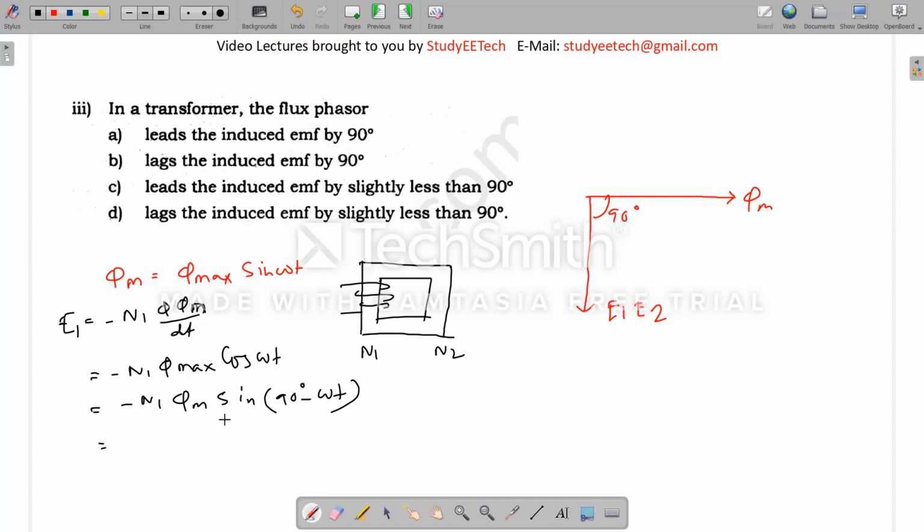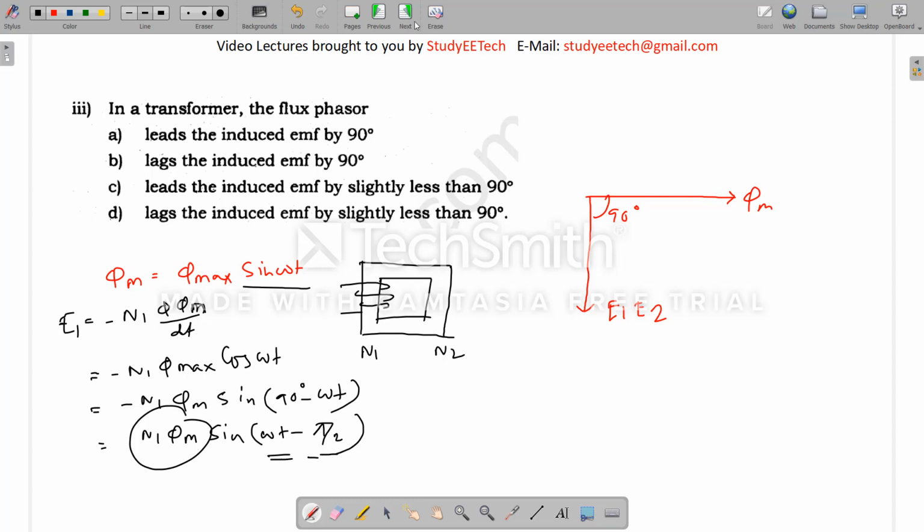If I take the minus inside, I get N1 phi m sine of omega t minus pi by 2. So phi is sine omega t and E1 is sine of omega t minus pi by 2, so E1 is 90 degrees lagging. We can explain it in this way also.